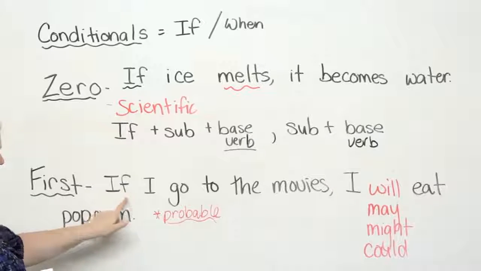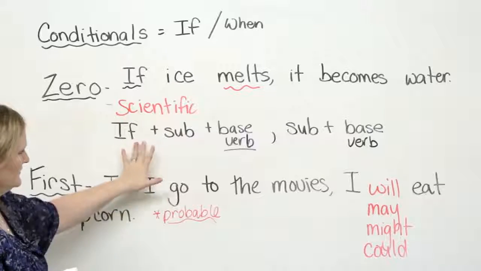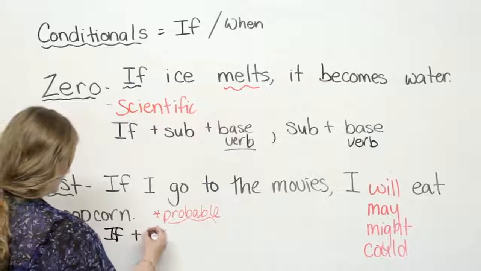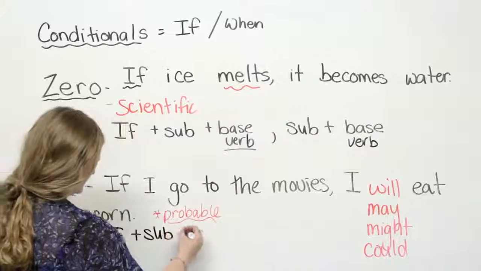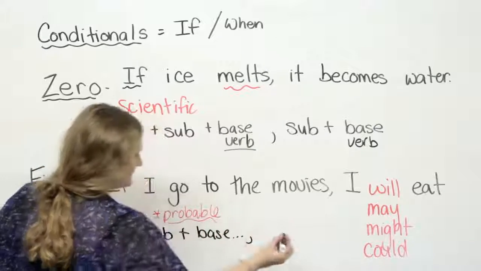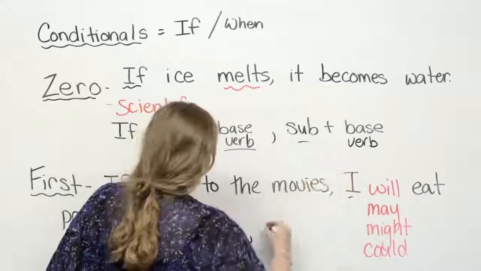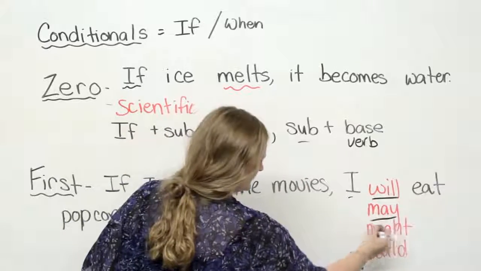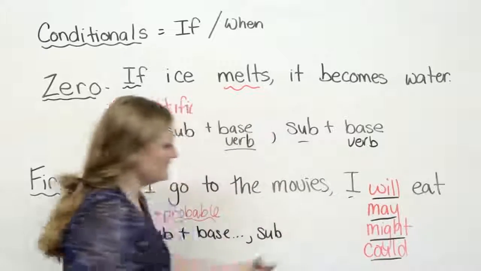We have if plus subject plus base. So this is going to be the same. If plus subject plus base. Then again we have subject. Uh-oh, what are these guys doing here? Oh no!